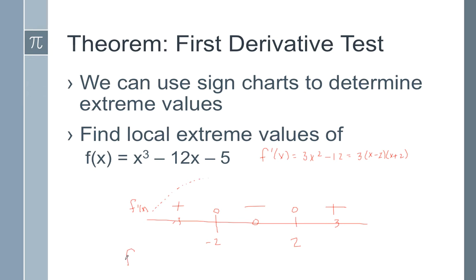That means for the function f of x, -2 is a maximum value. Then it's negative here and then positive here, so therefore this is going to be a minimum value. Looking at the derivative changing from positive to negative, and then from negative to positive shows us what our min and what our max is going to be.